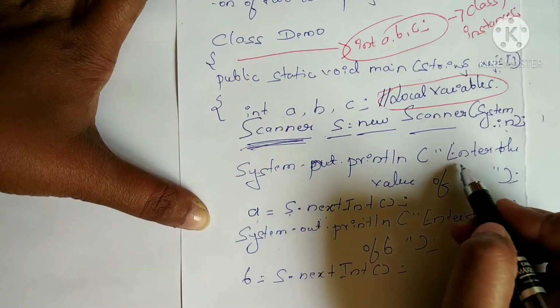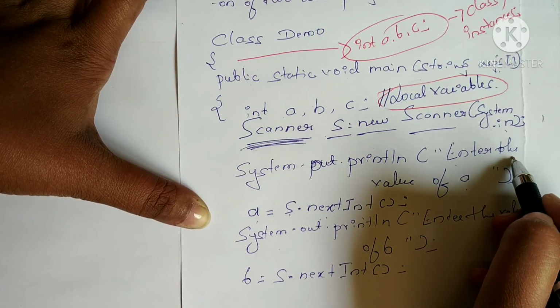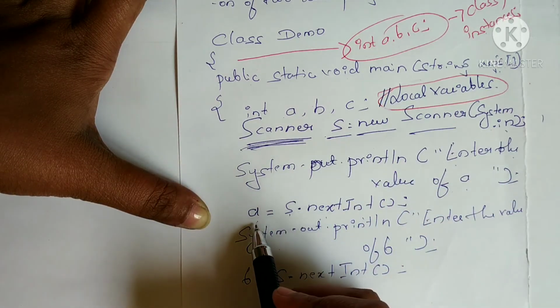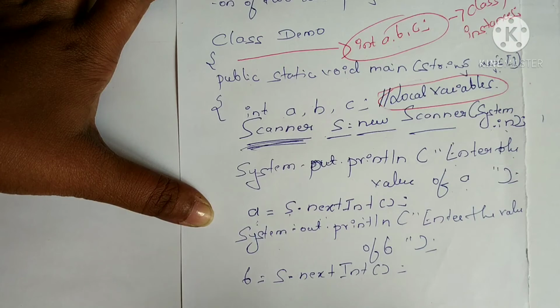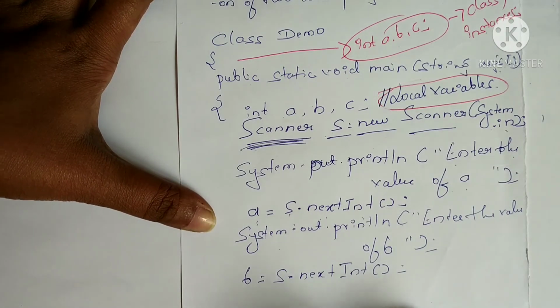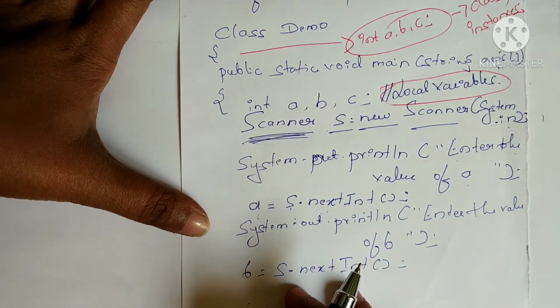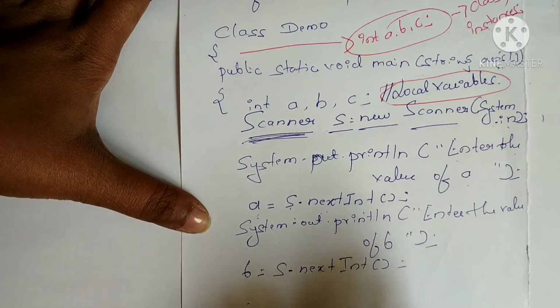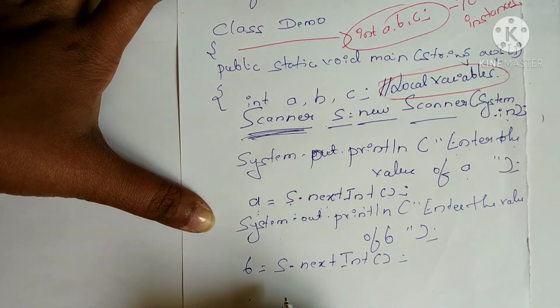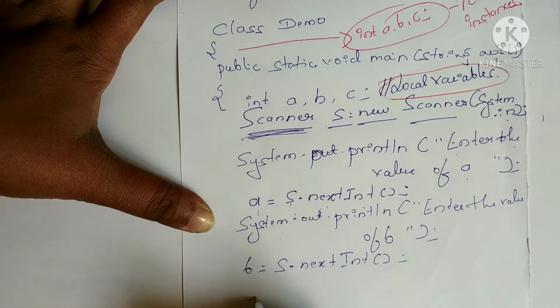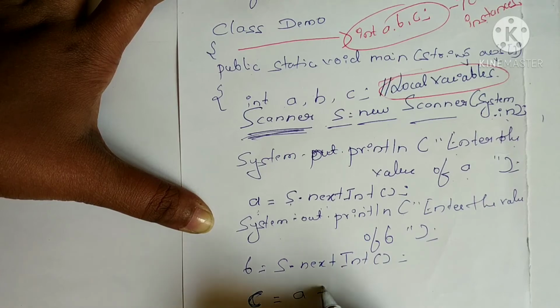Now we print the messages, and also we use these statements to enter the values in our system. Both a and b statements are ready now. Next we have to store the sum of a and b in the c variable. C equal to a plus b.